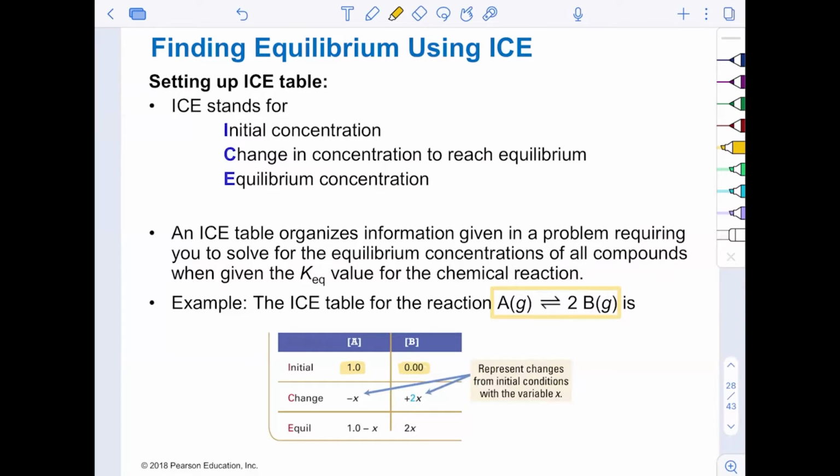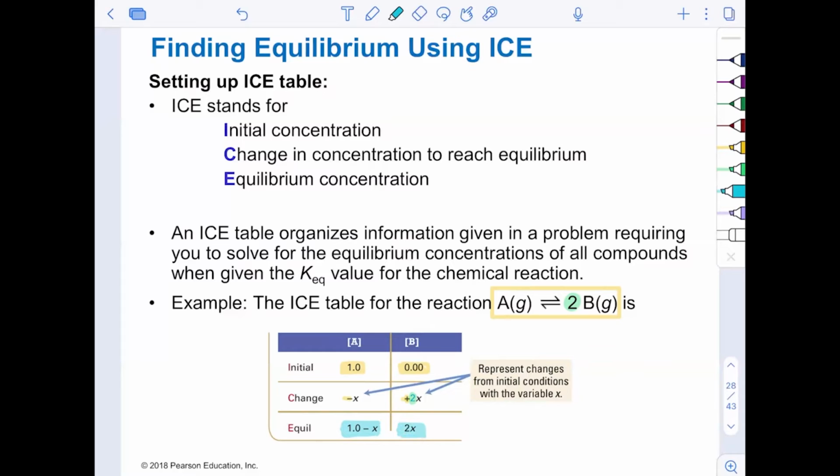Seeing that we have no product here, we're probably going to make product, which is why we put a negative on the reactant side and a positive on the product side. We put a 2 in front of the X for the change in B because we have a 2 coefficient in front of B.